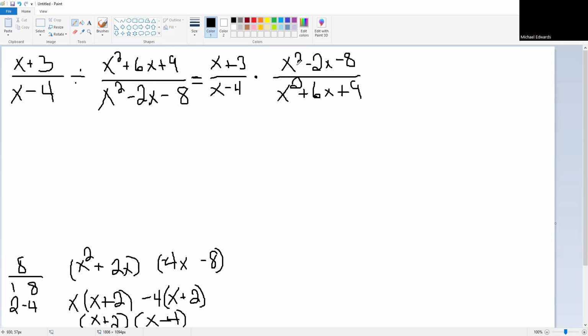So that's what this one's going to turn into. Let's go ahead and just erase it because we have already replaced it. We'll just rewrite it, but that turned into x plus 2 and x minus 4.